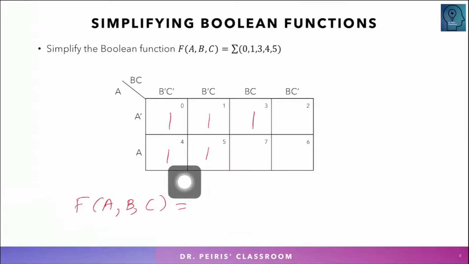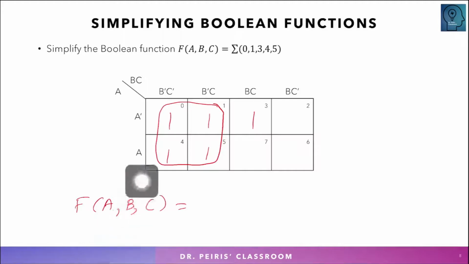But you can make a very large group by combining these four, because there are four ones adjacent to each other, which gives 4 minterms in a single group. Now what does that group correspond to? These two are in two different rows, so there is nothing common. What is common for this column and this column?